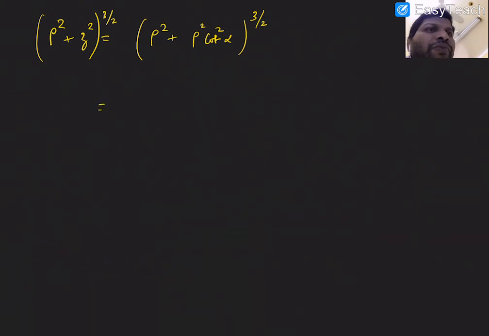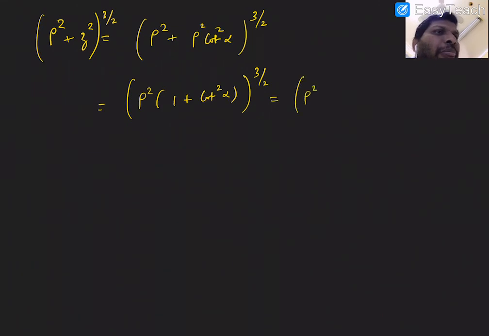This is equal to rho square into 1 plus cot square alpha, and 1 plus cot square alpha is cosec square alpha, the whole power 3 by 2.